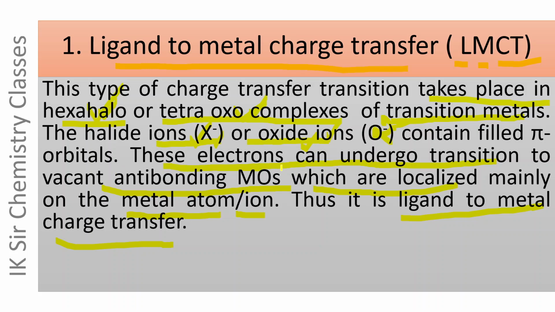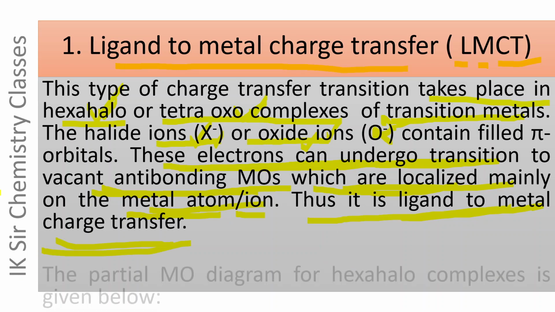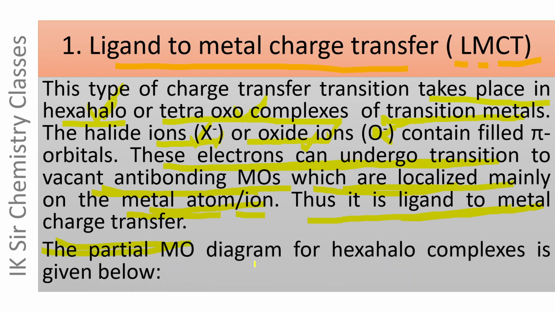These electrons can undergo transition to vacant anti-bonding MOs, which are localized mainly on the metal atom, and therefore this type of electronic transition is called ligand to metal charge transfer. The partial MO diagram for hexahalo complexes is given below.